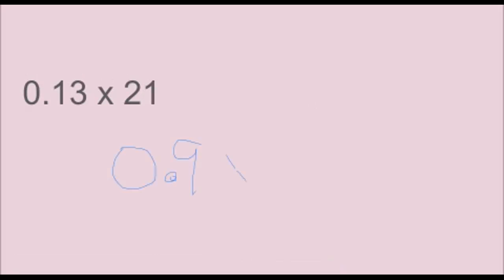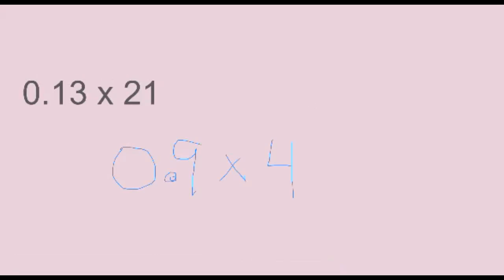All right, let's try it. I didn't prep it, but I think we should do one more. 9/10 times 4. I want to show you another way you can check what the answer should be, which is estimating where you should put the decimal.